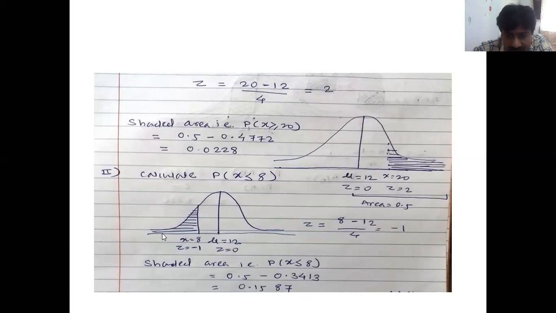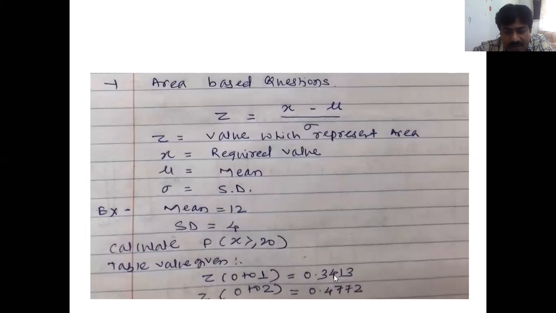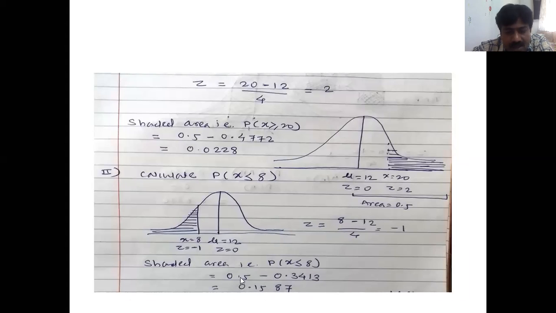So z is minus 1, but we take 1 only, we are not considering the minus. So we are taking the z table value as 0.3413. 0.5 from the center to minus infinity minus this unshaded area gives the area of the shaded region. So the shaded area will be 0.1587. So this is the probability of x less than or equal to 8.